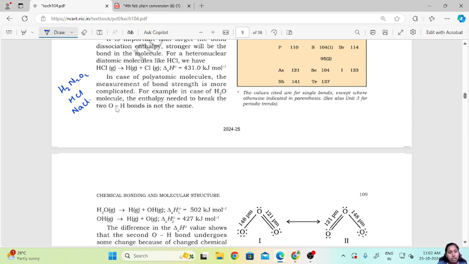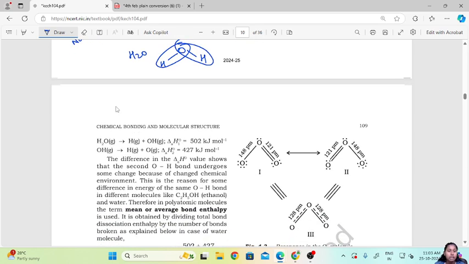Here the water molecule has two similar bonds, both are OH bonds, but when you measure their bond enthalpy, what is observed is that to break one of these OH bonds, it requires 502 kilojoules per mole of energy.